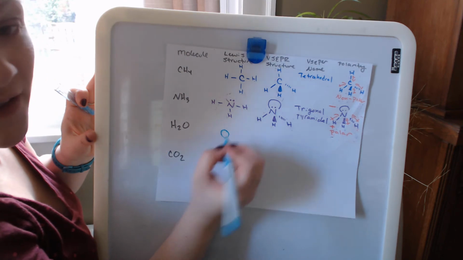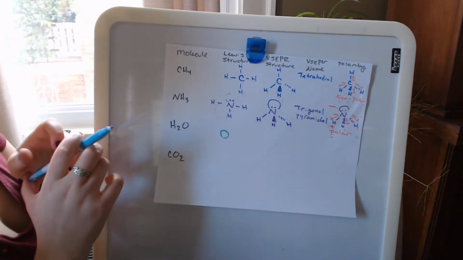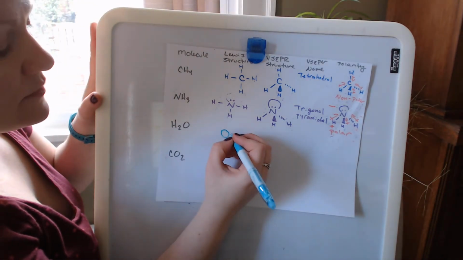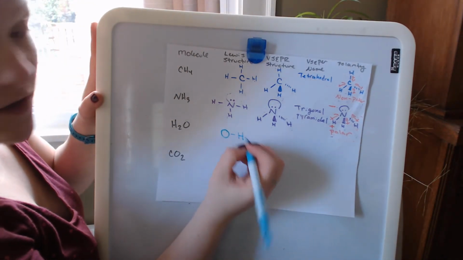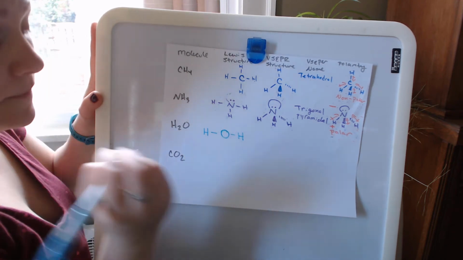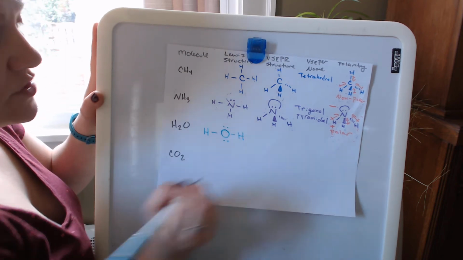Oxygen, that's better. Okay, and it has 6 valence electrons. Hydrogen each has 1, and we have 2 of them here. So we're going to put 1 hydrogen here and 1 hydrogen here. We're going to show our two pairs of non-bonding electrons this way.